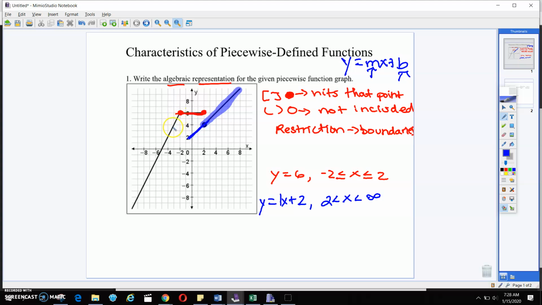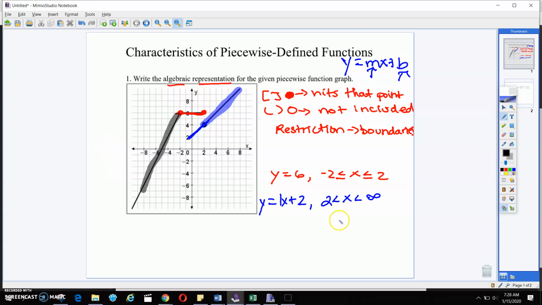All right, so let's take a look at this one over here. We've got this line over here. Where is that interval happening? What's your farthest right x value? And what's your farthest left x value for that one?